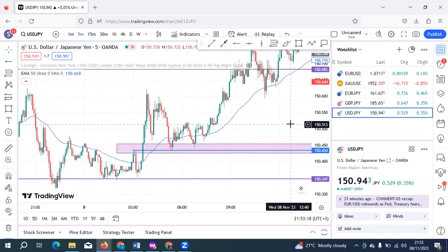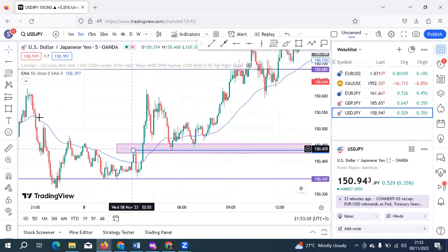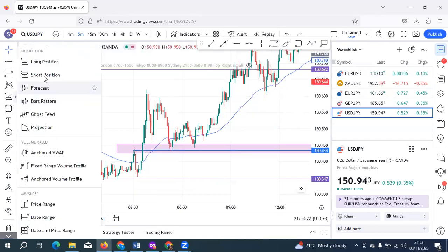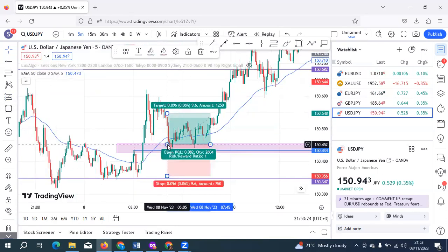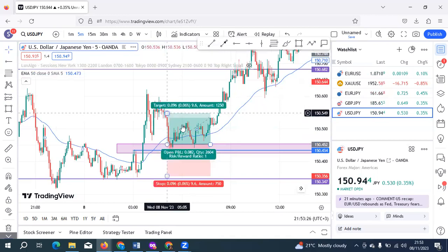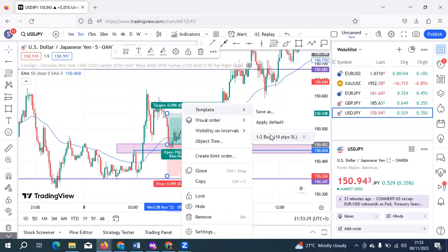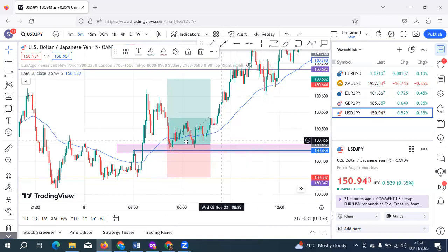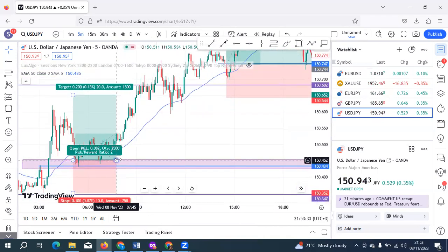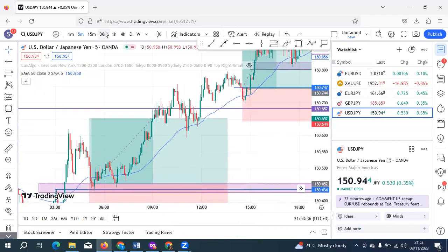Take a look at that. This is M5. You just wait for this trade here for a long. And this thing has given us, I don't know, one is to what.